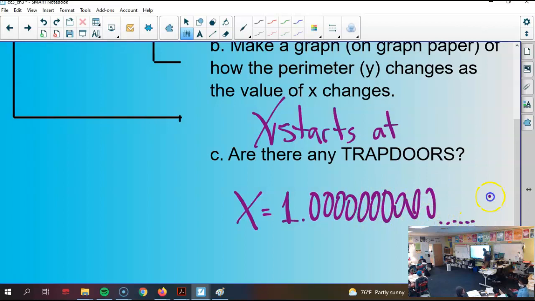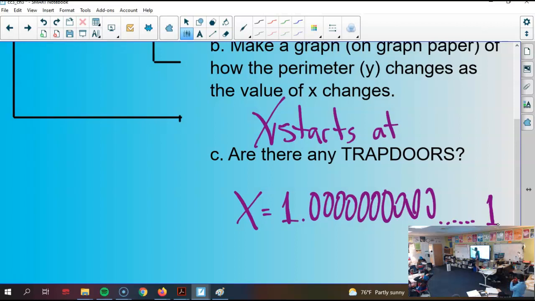Somebody over there was saying 0, 0, 0, 0, 0. That was me. As long as x is bigger than 1, doesn't matter how much, it's allowed to exist.